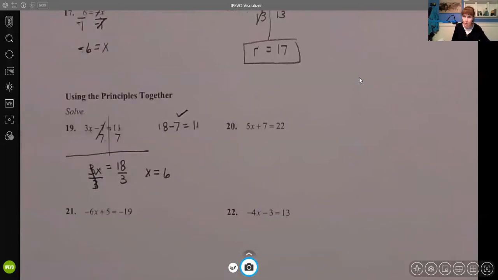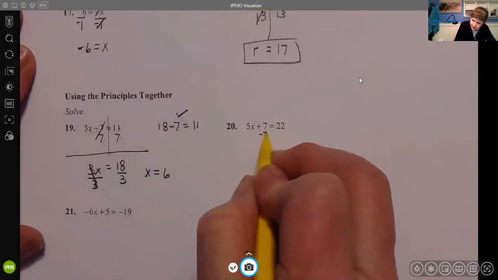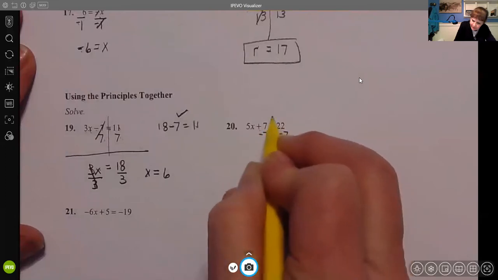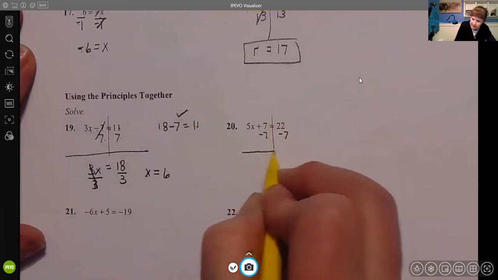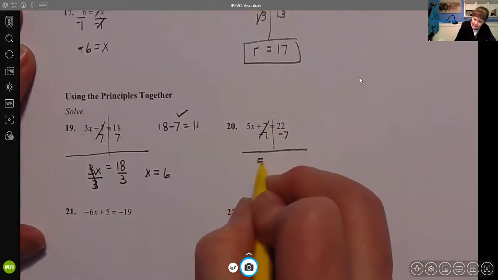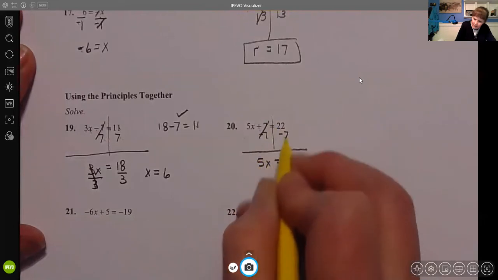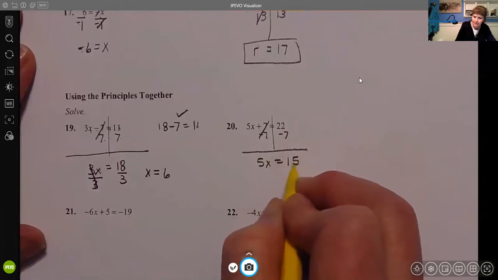Let's try number 20. These aren't so bad. Here, get rid of what's being added first, subtract 7, do it to the left. You have to go to the right of the equal sign. That's gone. We've got 5x equals 22 and a -7 is 15.